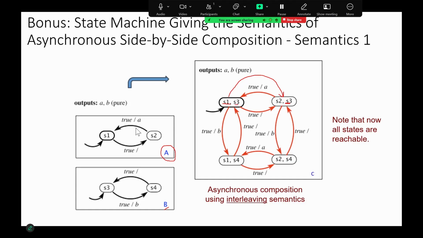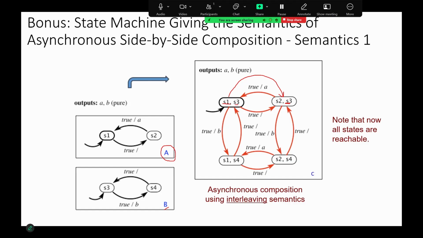Sorry, we will not output anything, because from 1 to 2 there is no output. And if you stay at 3, you're not outputting anything. Right?